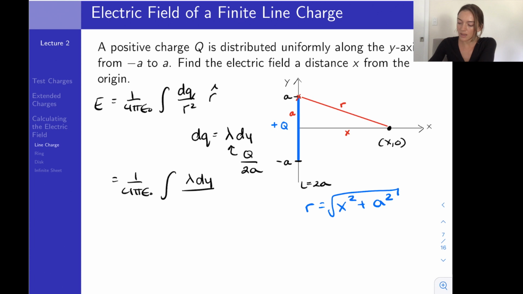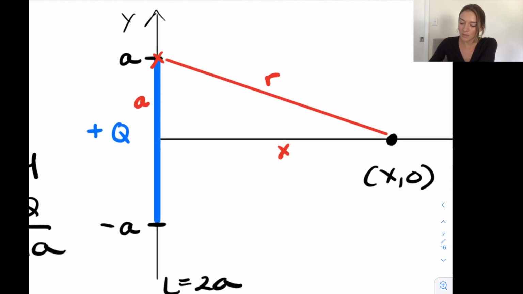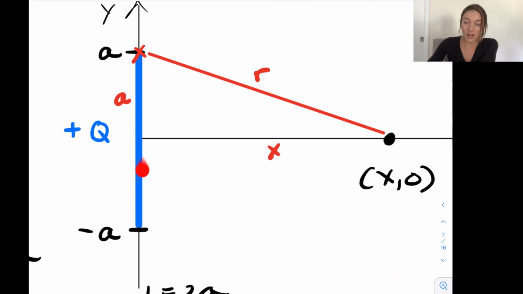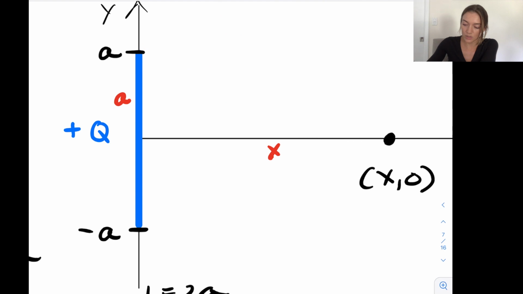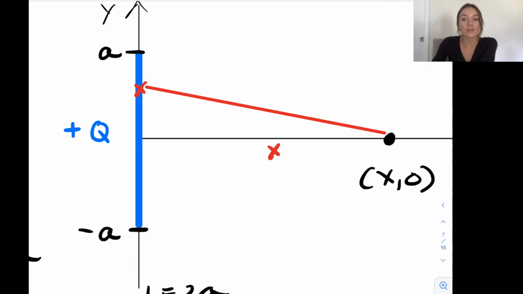Now that's only true for this top point, but I have to integrate along this entire line. So I have to figure out the distance r for each point. Let's look at a different point. If I choose some random point, let's say here, and I want to know the distance to here, we still have a triangle, so we can still use the Pythagorean theorem.